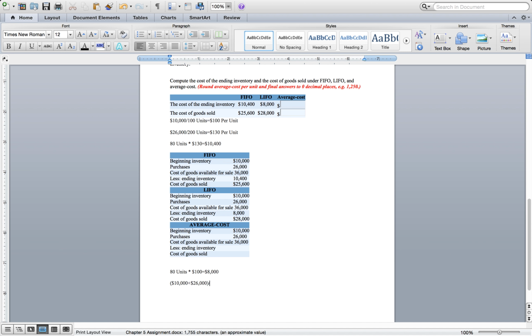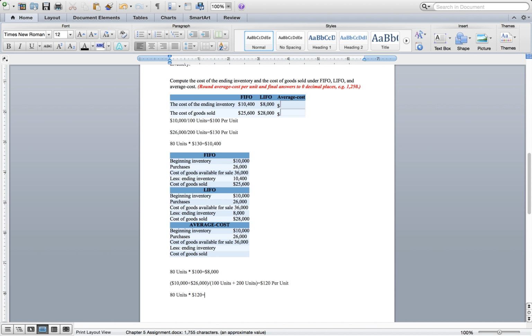and divide that by how many units? Well, 100 for the first one, so 100 units plus the 200 units. When you do all that, that'll be $120 per unit. And the last part, to get my inventory, is still going to be 80 units. So multiply it by $120.